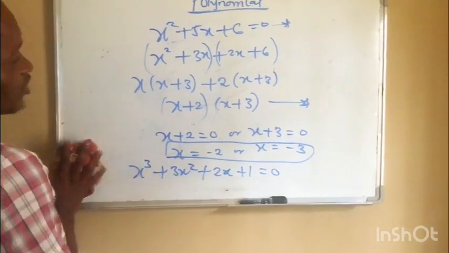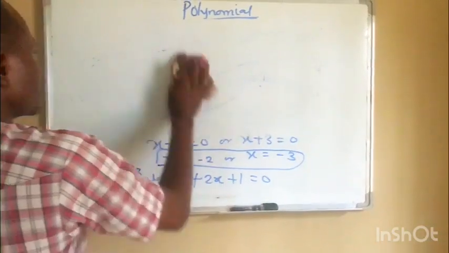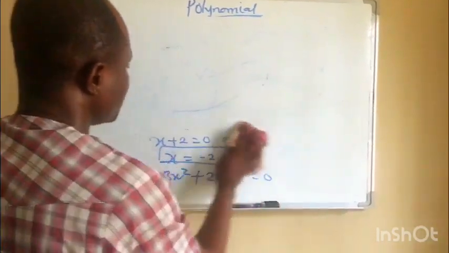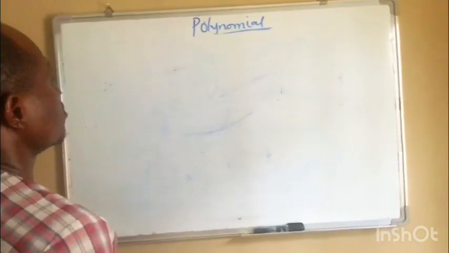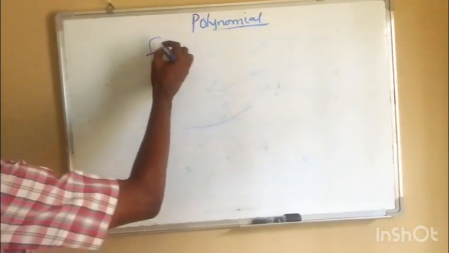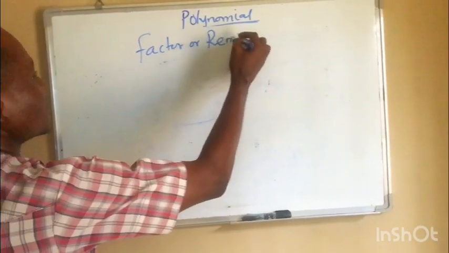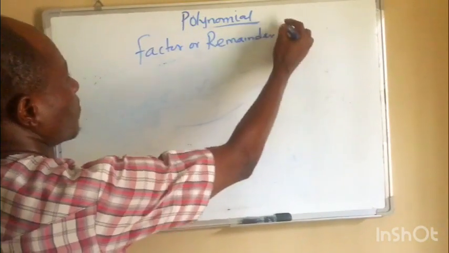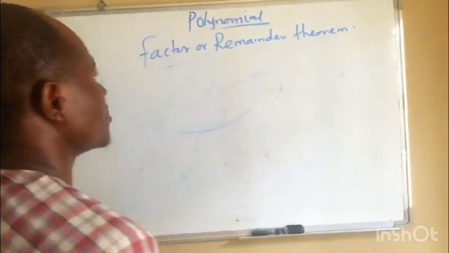And that method leads us to what we call the factor theorem. This theorem is very important in our polynomial. If you want to solve any polynomial question, we call it the factor theorem, or the remainder theorem. What is this theorem saying?